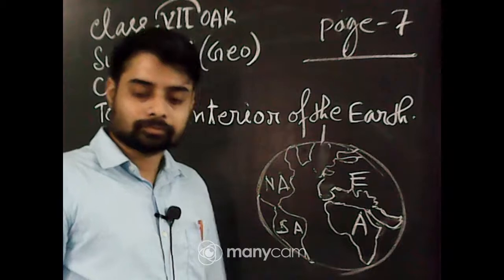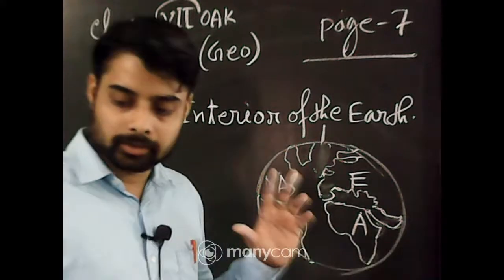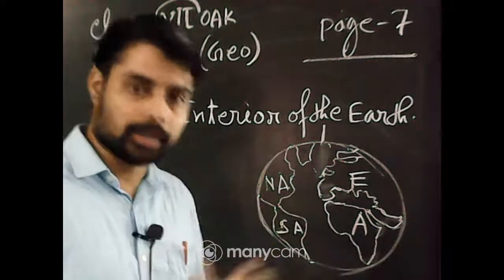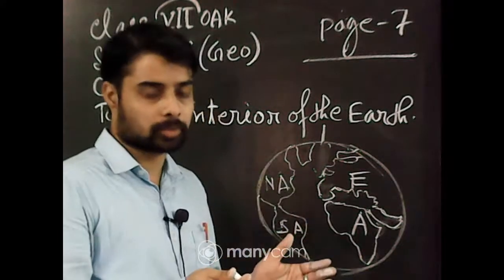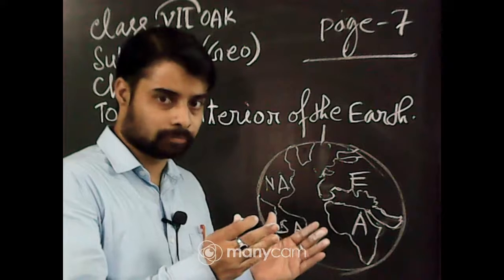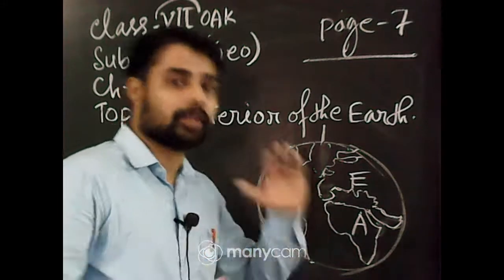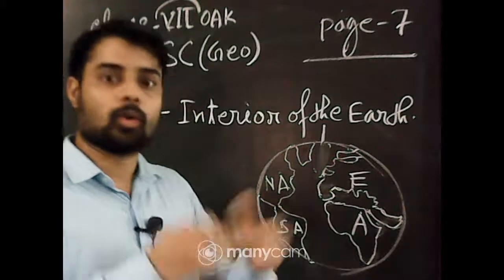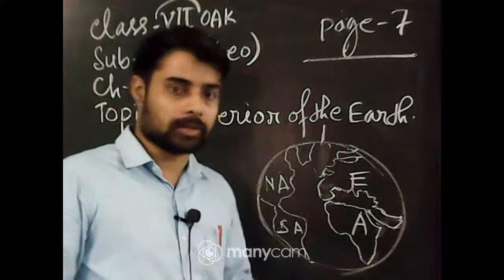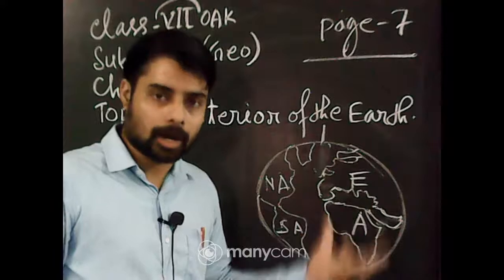Now, just like an onion, if we split the earth, layer by layer the earth opens up to us. There are different layers inside the earth.